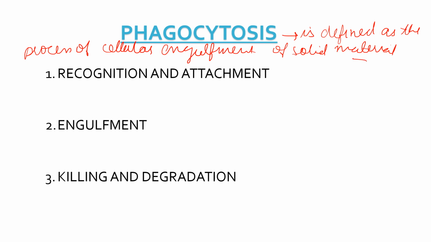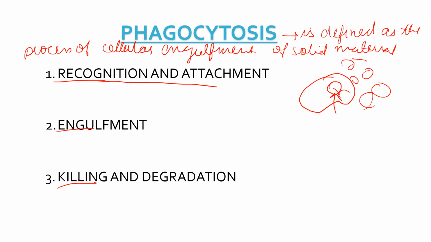Neutrophils engulf solid materials and kill them to save the other cells in the body. It can be discussed in three processes. First, it is recognition and attachment. The neutrophil first will recognize the particle or cell and attach to it.